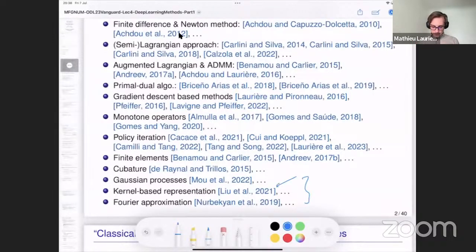Kernel-based representations, this one for the mean-field interactions, Fourier approximation. And I know that Francois also has a recent paper using Fourier techniques with Alekos, and Gaussian processes here. But this one that I'm citing is really driven by numerical motivations. So there are other approaches in the literature, particularly to encode the mean-field interactions.